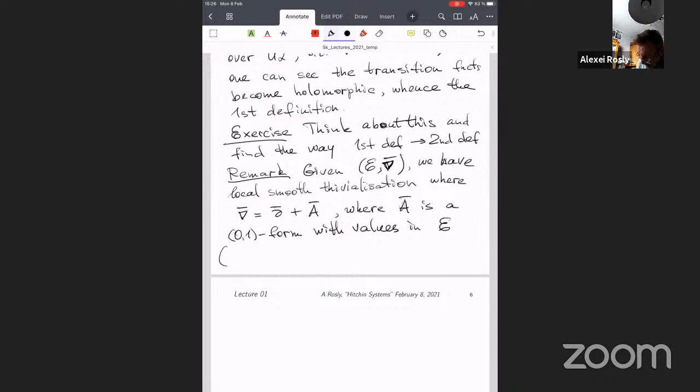A reminder is that for an ordinary connection it is the same thing.